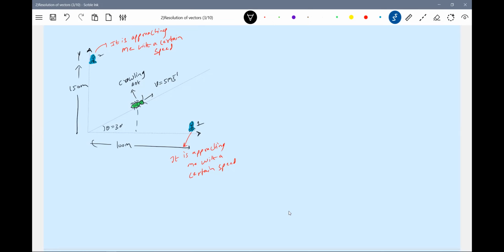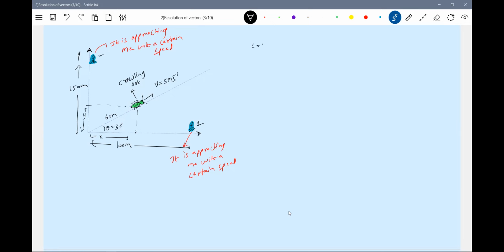After some time, it has arrived here. It has covered 60 meters. Then at what distance will the ant be?